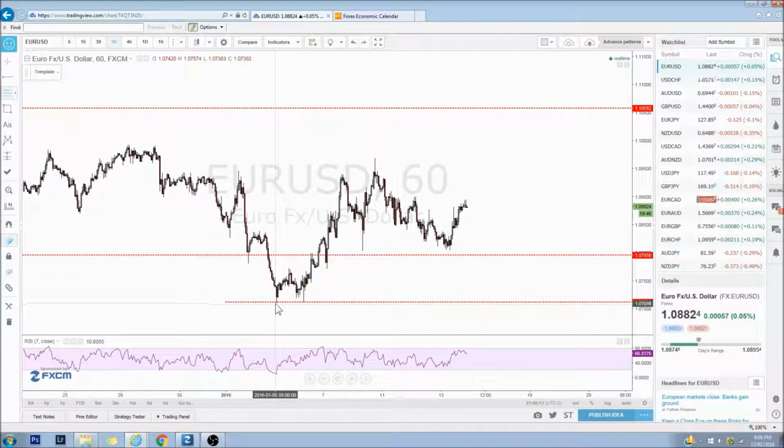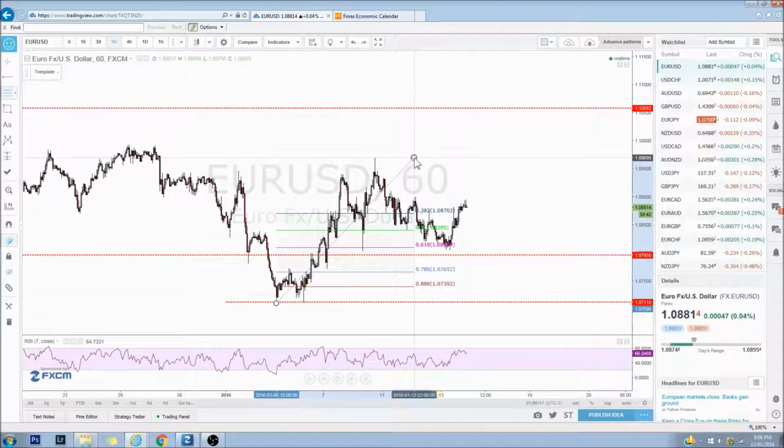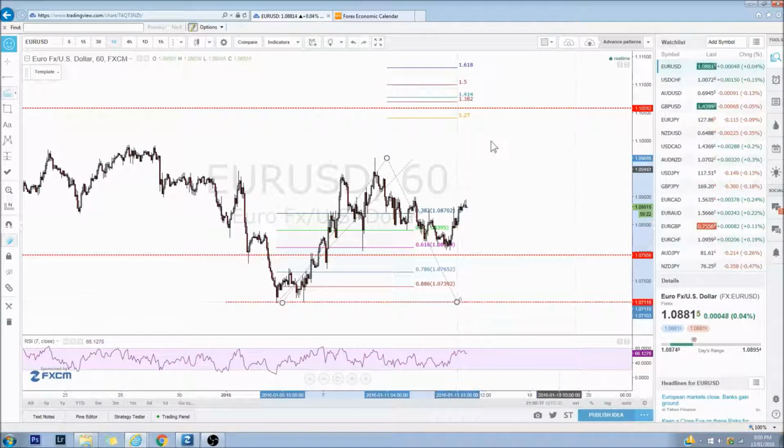The AB equals CD pattern starts with a fib retracement from the bottom to the top, and it must reach a 618. And it must not close past the 786. Then you get your fib extension tool, and once again from that bottom fib to the top fib, you take it all the way down and you have a 127 completion point, which falls nicely just below previous structure.